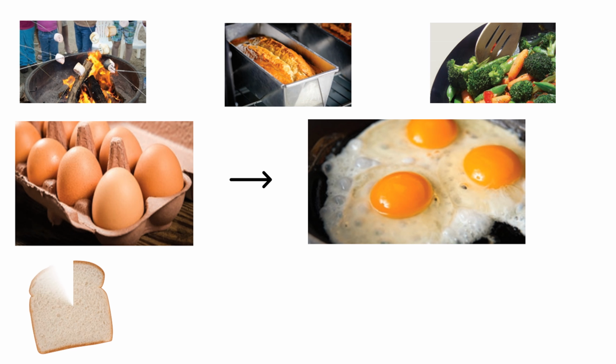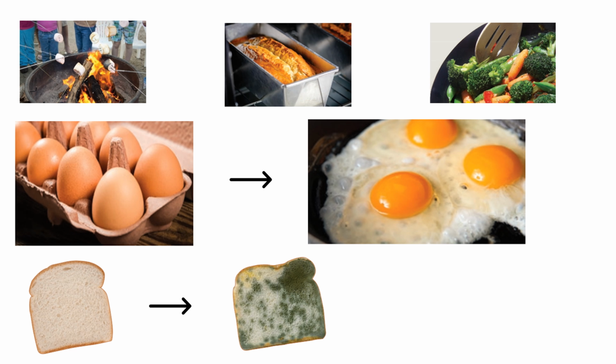Also this bread, after a long period of time without refrigeration or being on the counter for a long time, is considered a chemical change because a new substance is formed. I can't return it back to its original form. I can't eat it because there is a bad odor and change in color, so it indicates a chemical change.